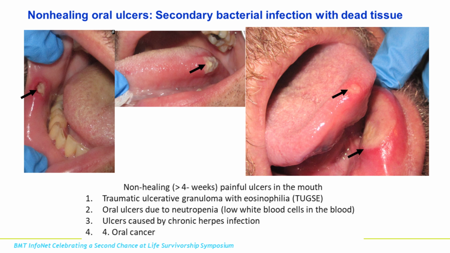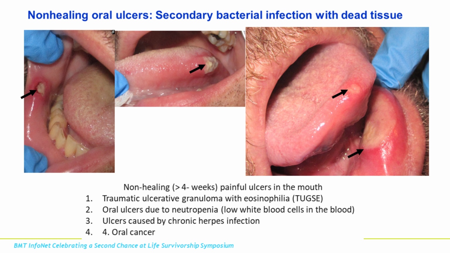The reason this ulcer is not healing is, one, there is a lot of dead muscle. You know, the tongue is full of muscle. Under the skin of your tongue, immediately there is muscle underneath. So if you accidentally bite on it, or have a trauma that goes a little deeper and damages the muscle underneath, the muscle dies. When there is dead tissue underneath, it will not allow the wound to heal on its own.